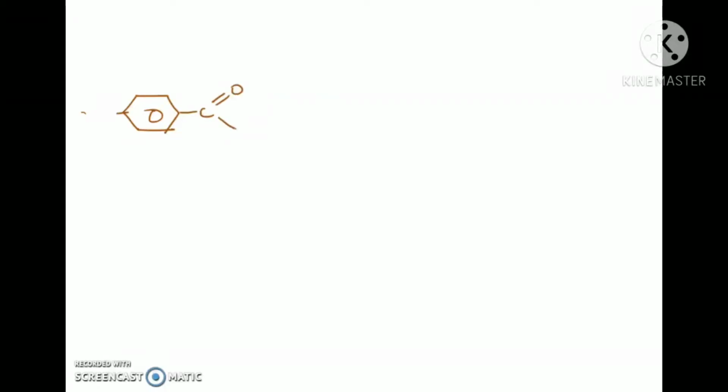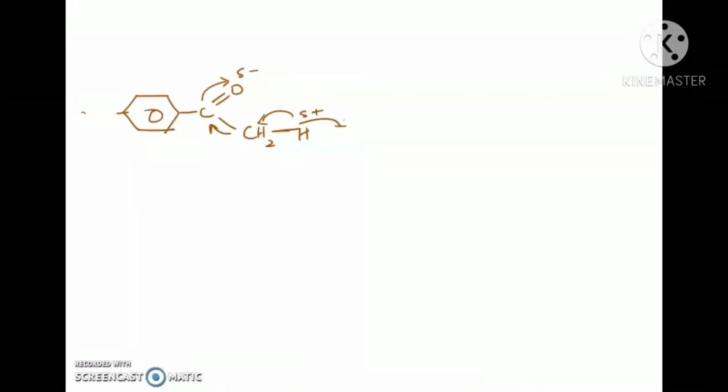Here pyrrolidine is the secondary amine. 4-methyl acetophenone contains an alpha methyl group, and the hydrogen atom present in this methyl group becomes acidic because of the presence of the carbonyl functional group, and it undergoes an aldol condensation type of reaction to form a beta amino ketone.